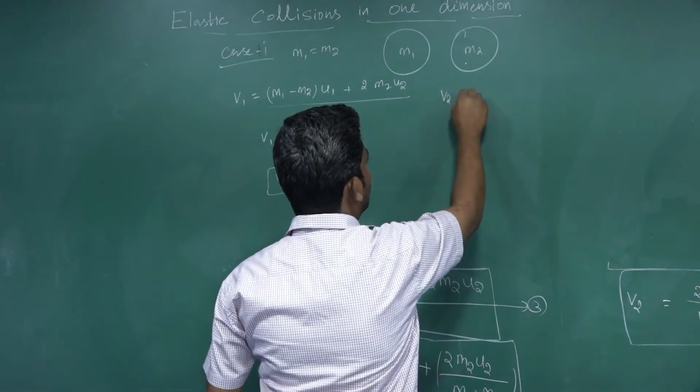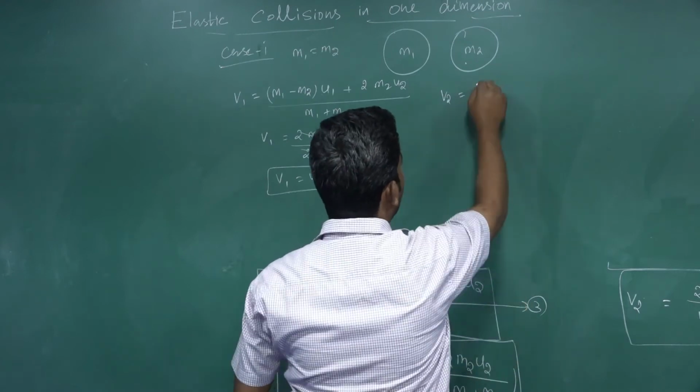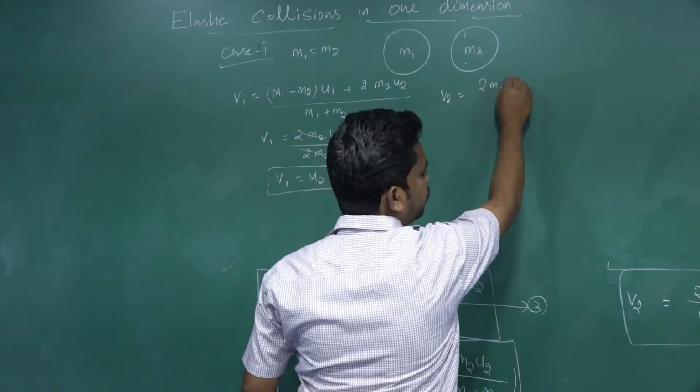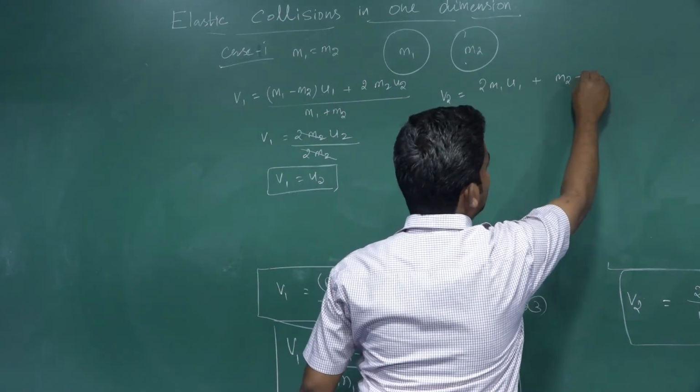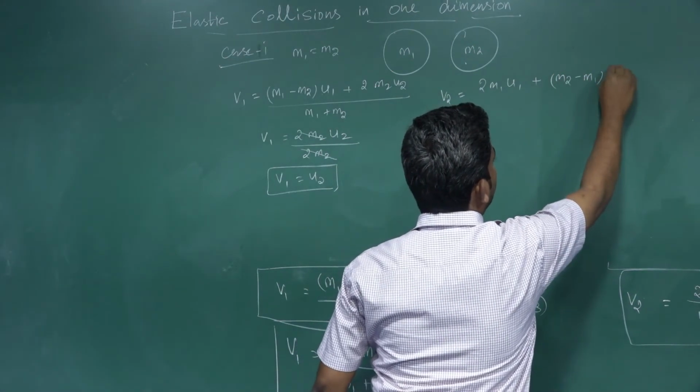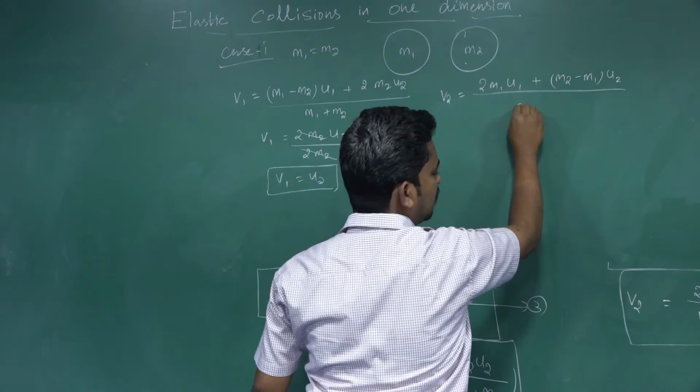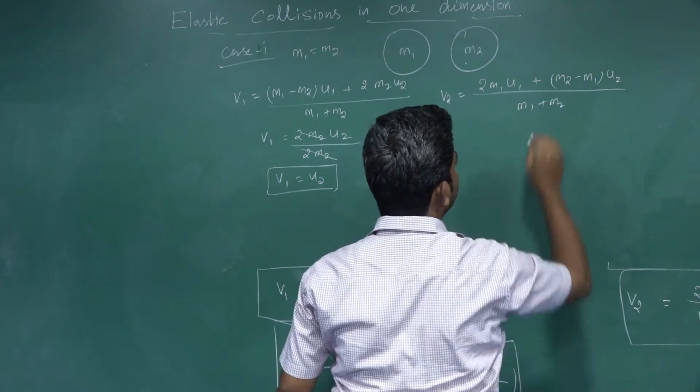What about the v2 value, the final velocity of the second object? v2 is equal to the equation (2m1 u1 plus (m2 minus m1) of u2) whole divided by m1 plus m2.